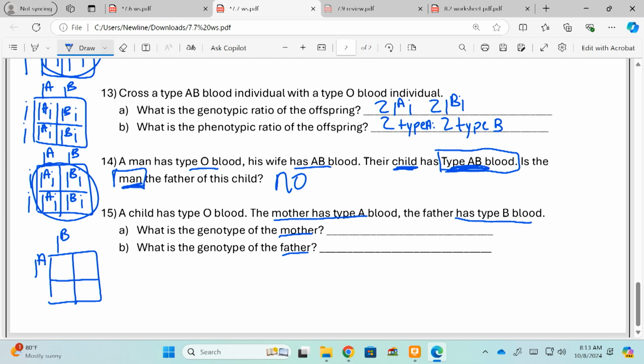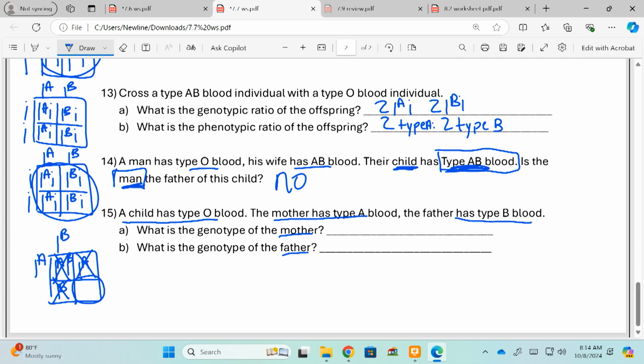It does say that a child has type O blood, okay? So let's fill in the information that we have so far and see if we can generate a child with type O blood, okay? So this one is not type O, this one is not going to be type O, and this one's not going to be type O. But this box might generate a child with type O blood.